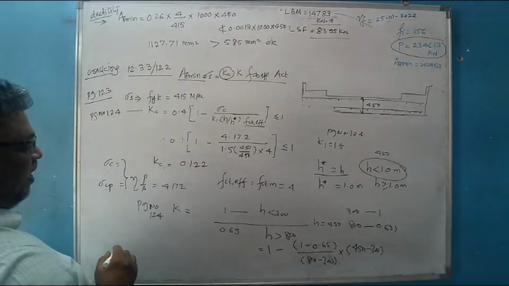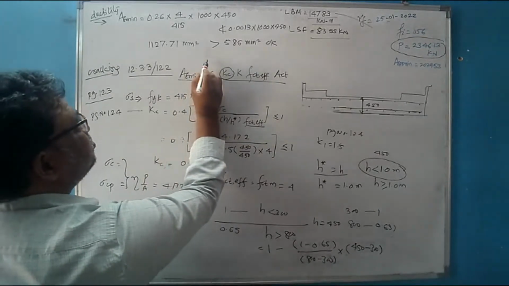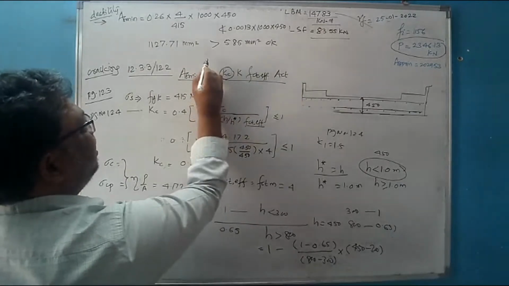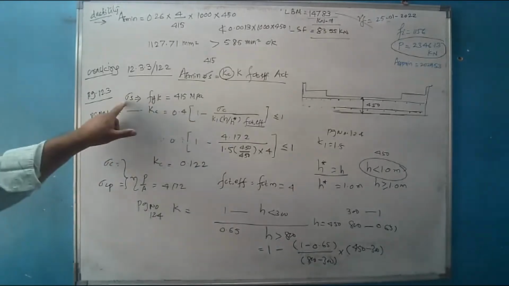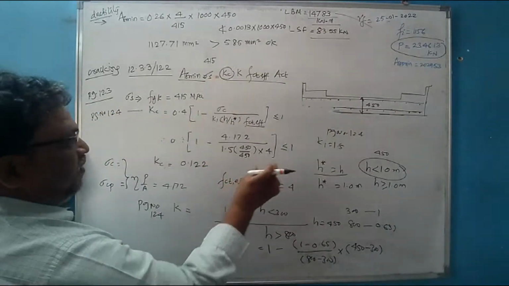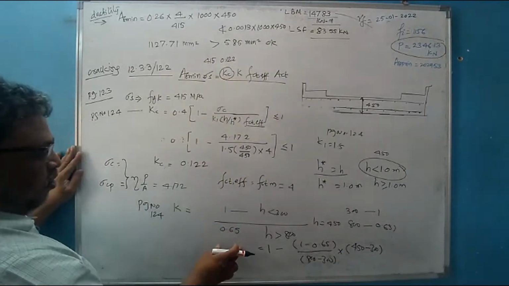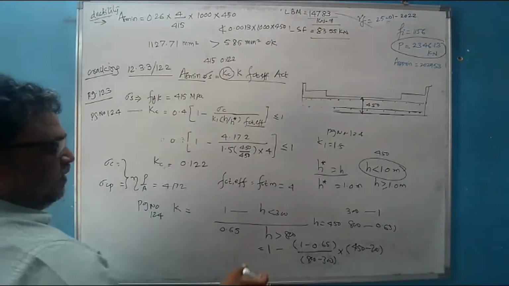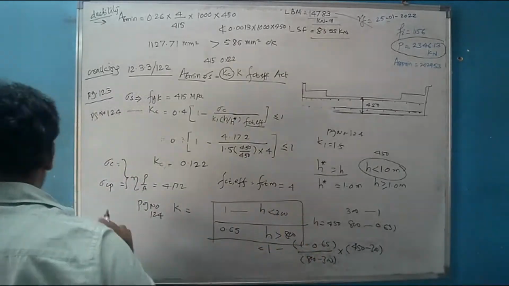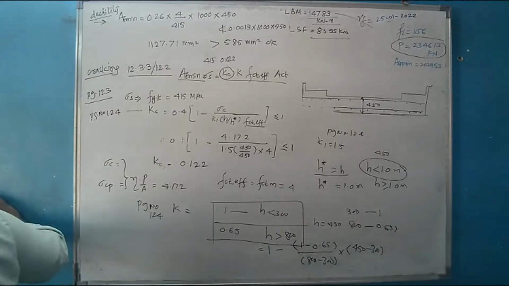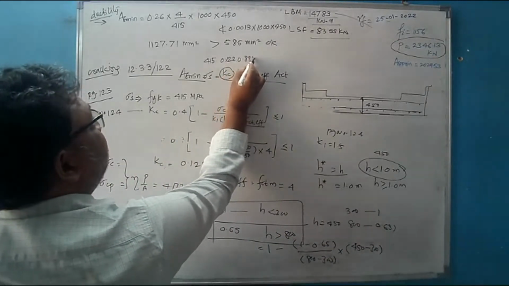What was the value of sigma s? कितना लिया था? Fyk ना, so that is 415. सिग्मा एस अवेलेबल है. Kc is equal to 0.122. Now get the value of k. सिंपल इंटरपोलेशन. यहां पर उसने गाइडलाइन दिया है कैसे कैलकुलेट करना है. 0.895. Thank you. So this is equal to 0.895.